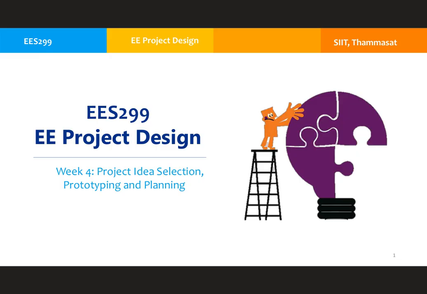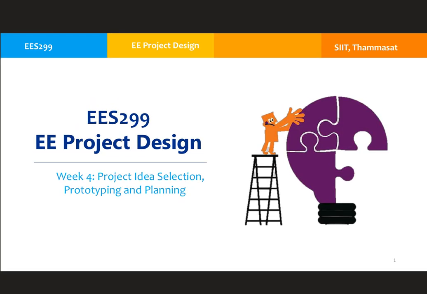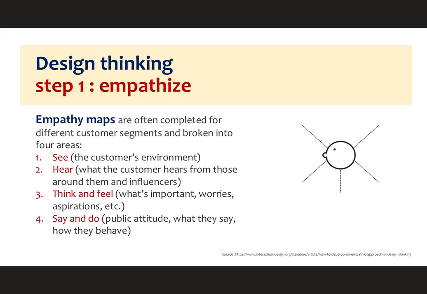Okay, so if you recall, last time we had the project design class where we tried to conceive the project. I believe that we started with the empathizing process and then followed by defining the questions. And I think last time we also did some ideations where you found some solutions to the problems.